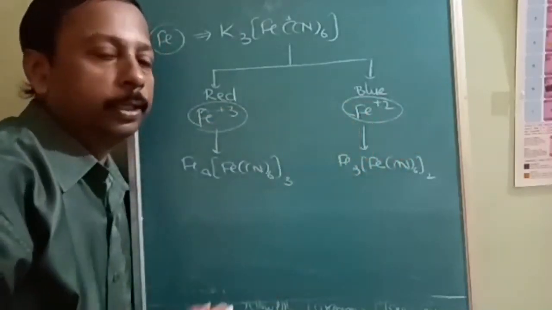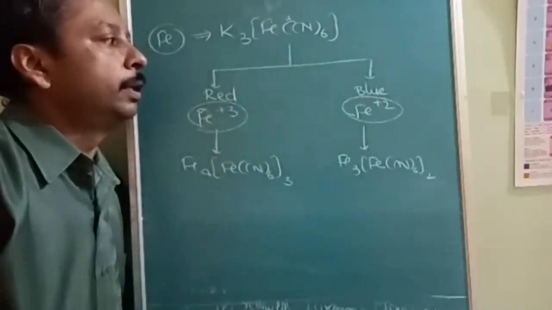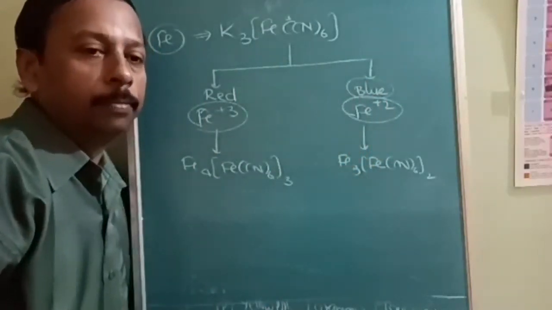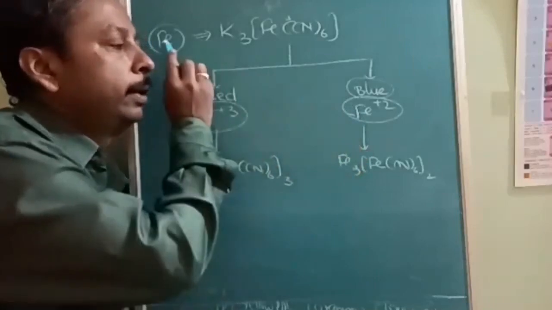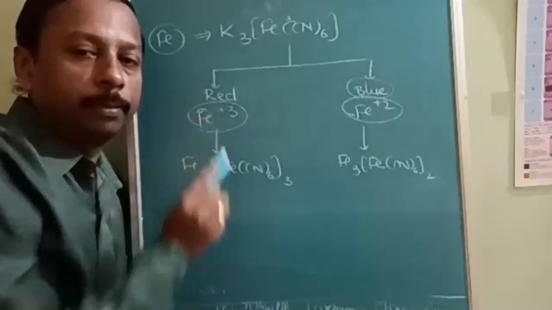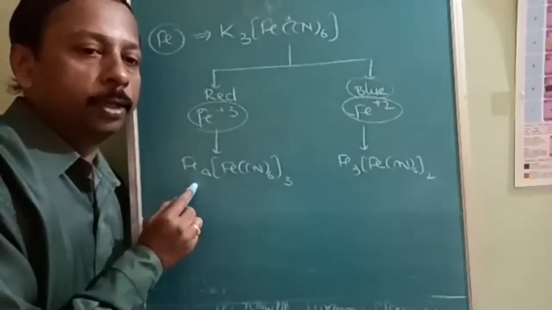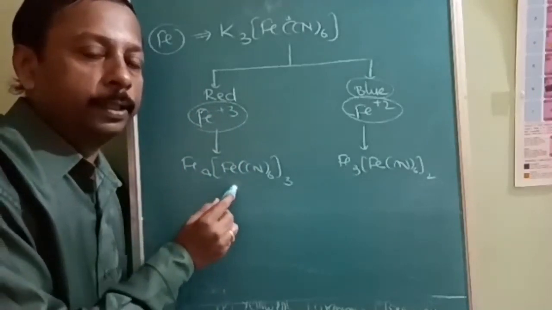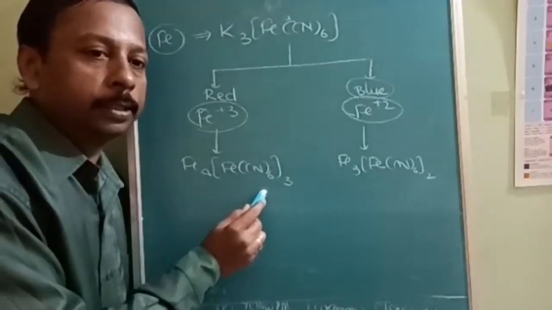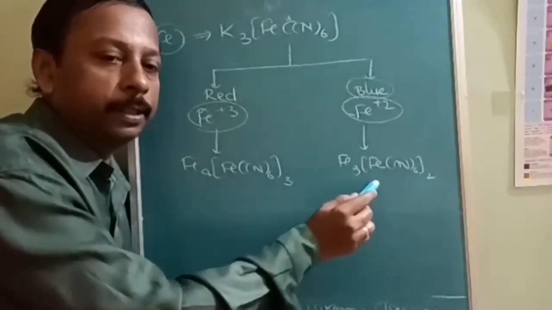In the ferrous state, if it is available, iron on treatment with K3[Fe(CN)6] gives a blue colored solution. What color? Blue color. It shows that iron is present in the ferrous form. If iron is present in the ferric form, a red color will be formed. This red color is due to Fe4[Fe(CN)6]3, whereas for Fe+2 it is Fe3[Fe(CN)6]2.